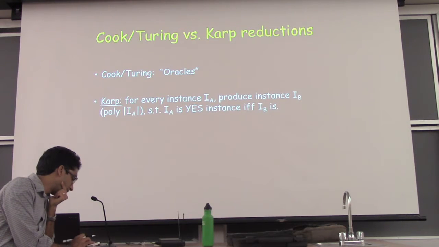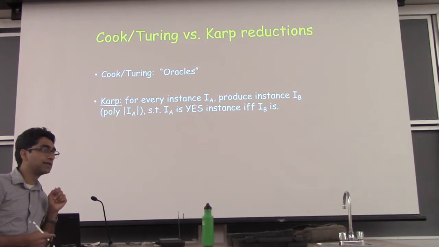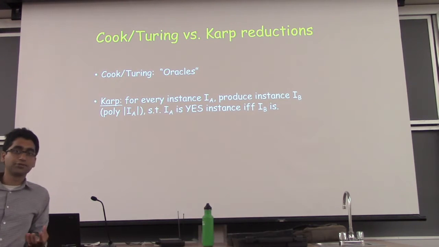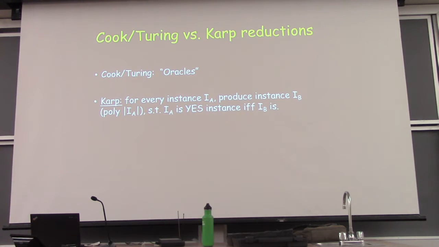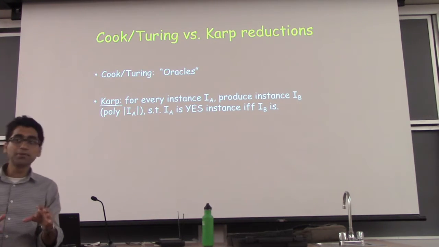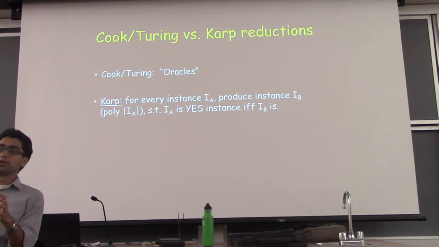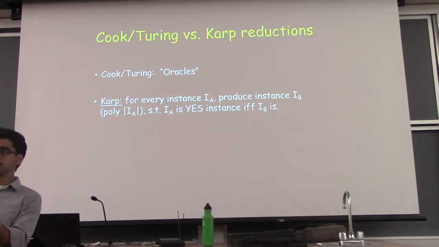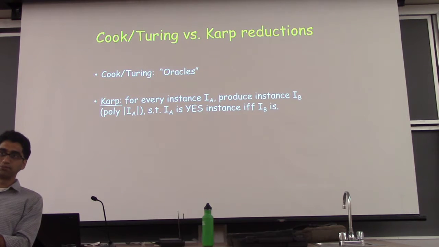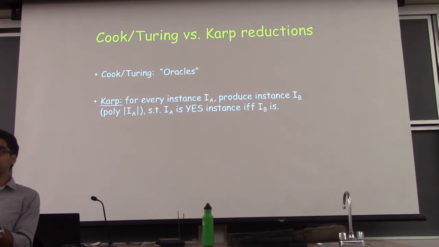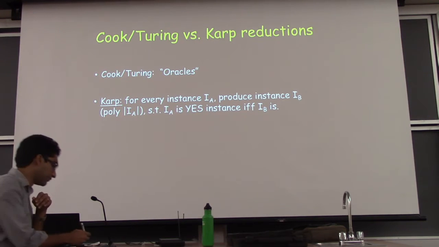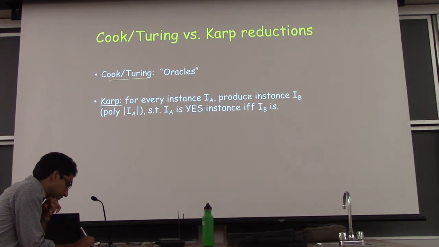And we saw two examples. We said that there are two natural notions of reductions, and the first was Cook or Turing reductions. If you all remember, what we said was you want to show that problem A is easier than problem B. So you say that suppose I have an oracle for solving B, then I can come up with an efficient procedure to solve A. So this is what we call Cook or Turing reductions.